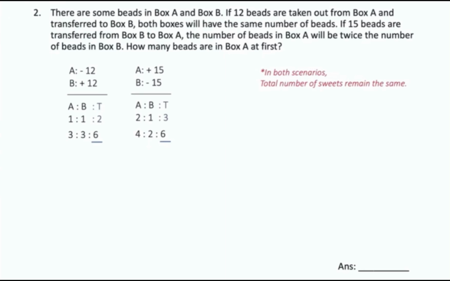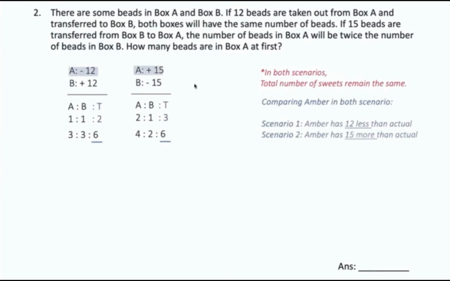In terms of value or bits, in the first scenario, A is 12 fewer. Ignore Amber, it's supposed to be A. And in scenario 2, A is 15 more. So in terms of a number line, it looks like that. First scenario, 12 less. Second scenario, 15 more.